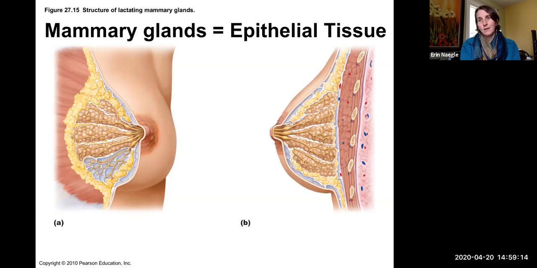And there are some really progressive ideas and practices for treating breast cancer. One of them is that the chemotherapy is actually delivered at the nipple through the ducts of the epithelial tissue to help target the cancer, which I think is pretty clever.